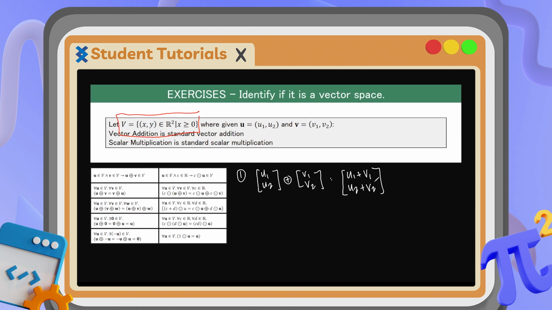Next, we investigate the properties of each element. u sub 1 and v sub 1 are both non-negative, so x is greater than or equal to 0, and u sub 2 and v sub 2 are just real numbers.